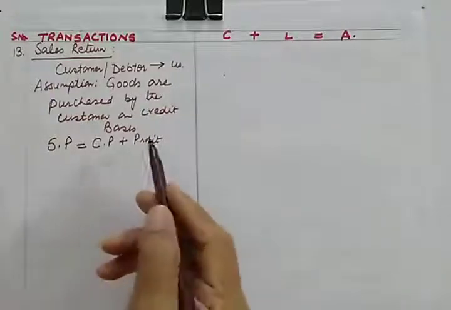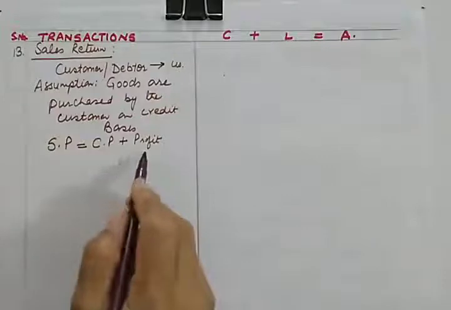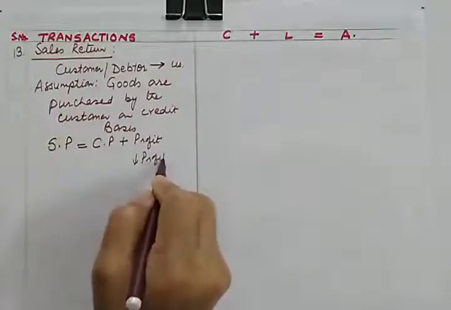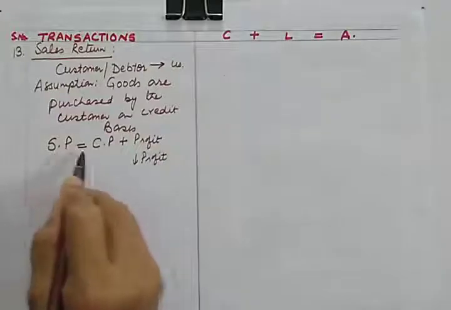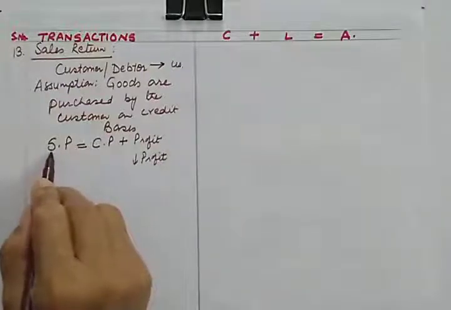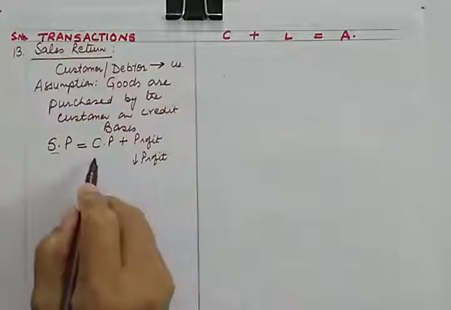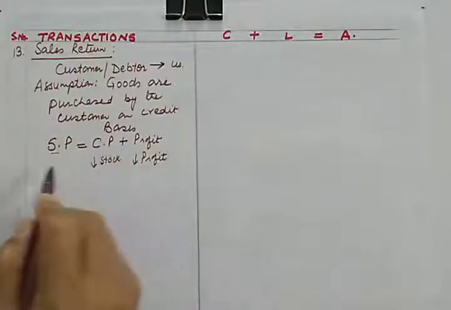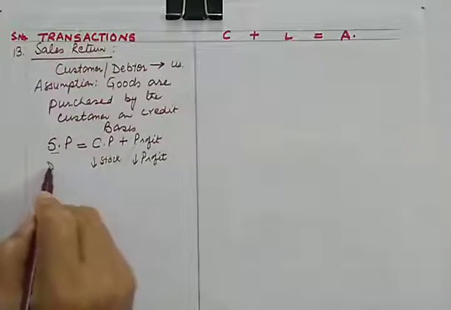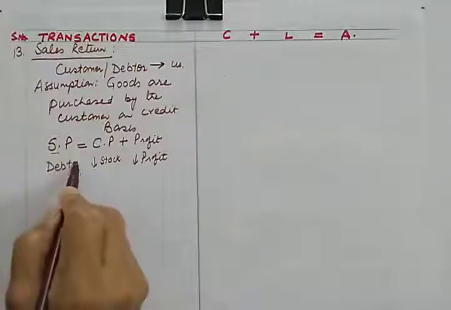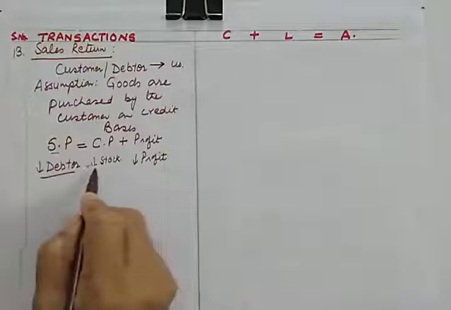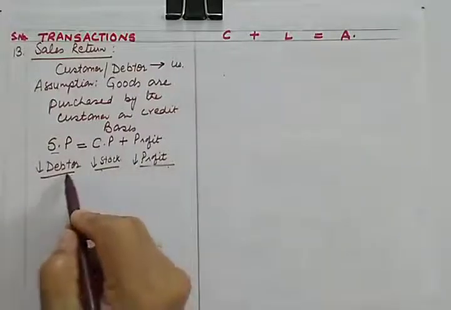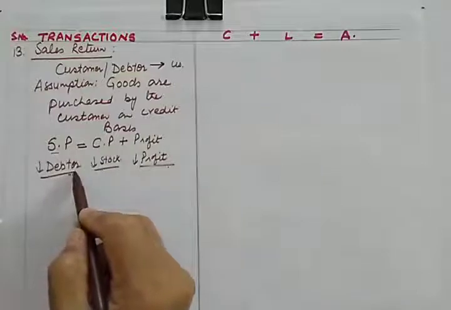So when the customer is returning goods to you, definitely this is going to reduce your profit, because the goods sold to him were at sale price. Moreover this will reduce your stock also, and this will reduce your debtors also. So these are the three impacts. Profit will reduce, stock will reduce, and debtor will also reduce.